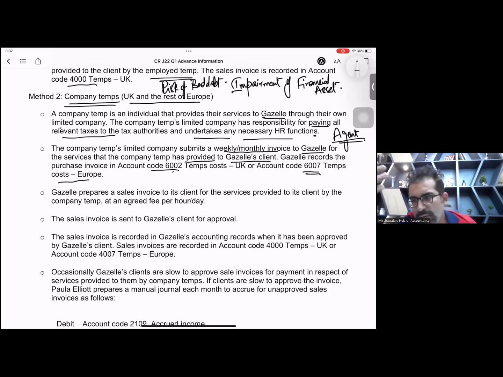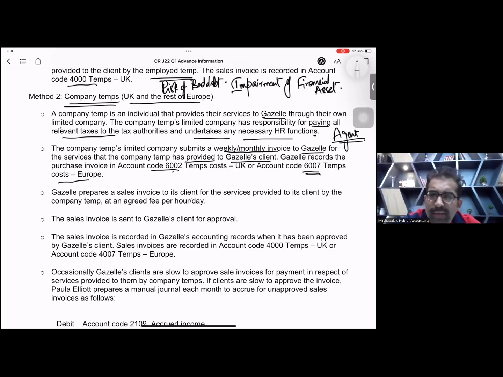What are the residency issues? What taxes do we have to pay in Europe? And there's one thing which we call double tax relief, DTR. Just think, as you are doing business with Europe, there is a possibility you are paying some tax in Europe, and now again you are paying the tax in the UK. So that means double tax.